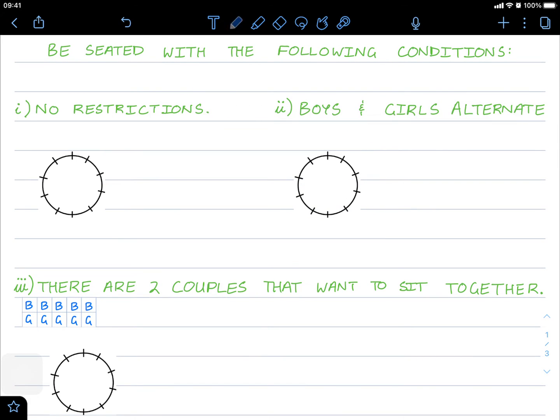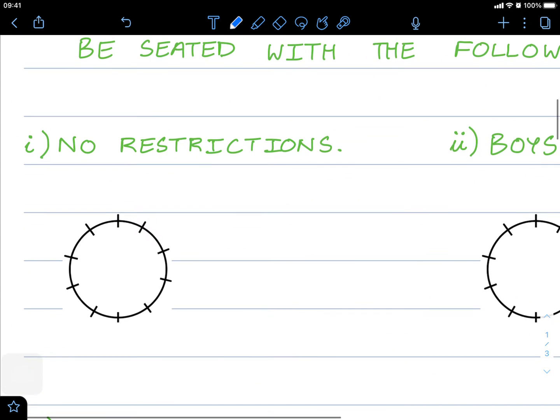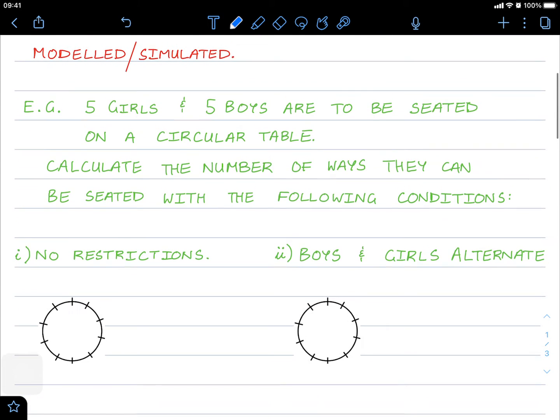So let's begin. If there are no restrictions for this first one, this just becomes a regular seating question.